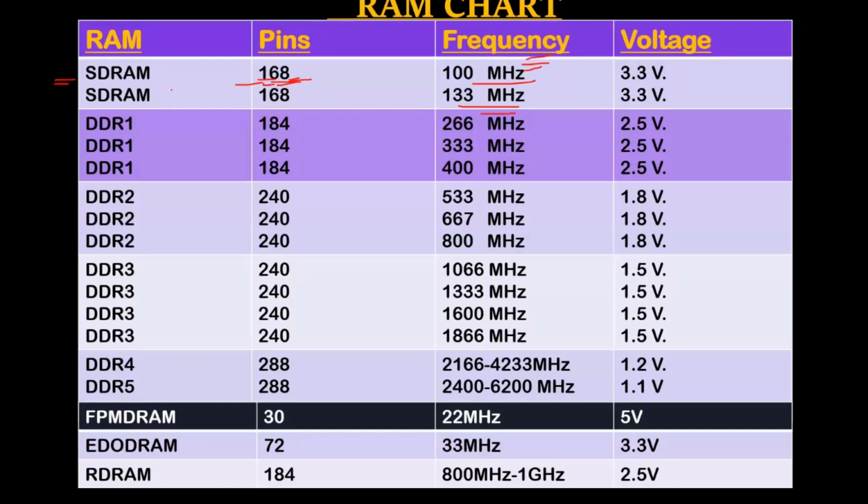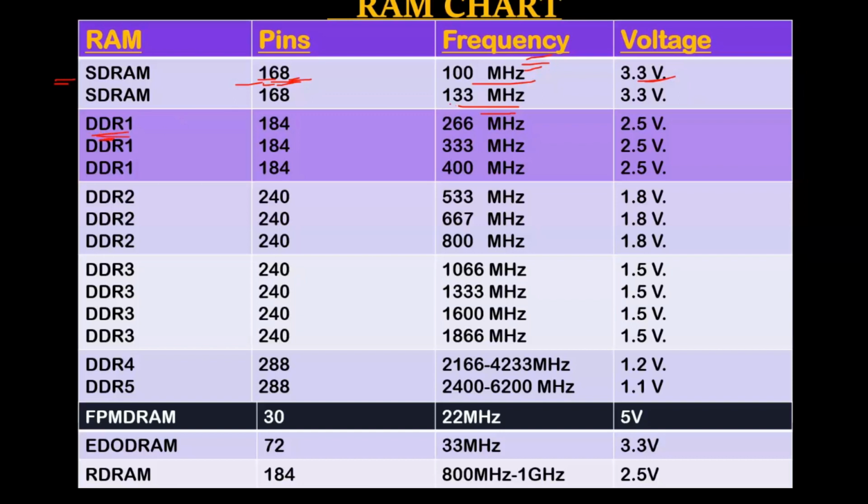Nowadays it is also not in the market, this SDRAM. The types of that are available, but this is not available. Why? Because here you can see the frequency, 100 and 133. It is too less. Voltage required is too high, 3.3 volt. And if you see next, the next version DDR1. DDR1 means dual data rate. Why is it known as dual data rate?